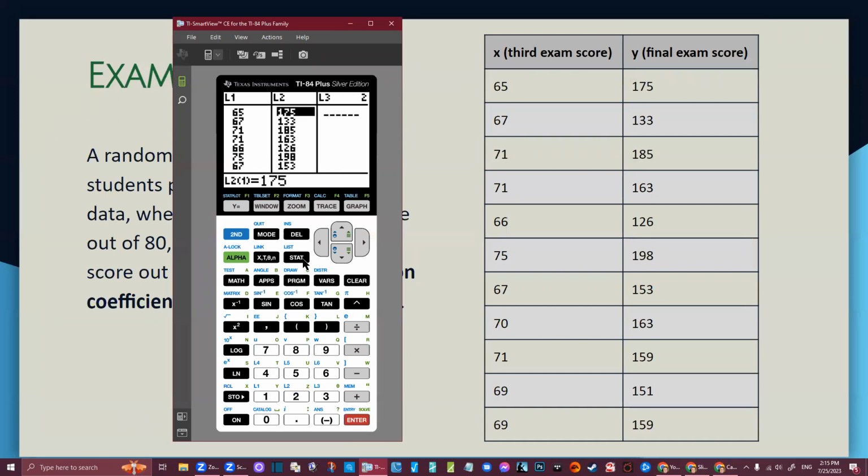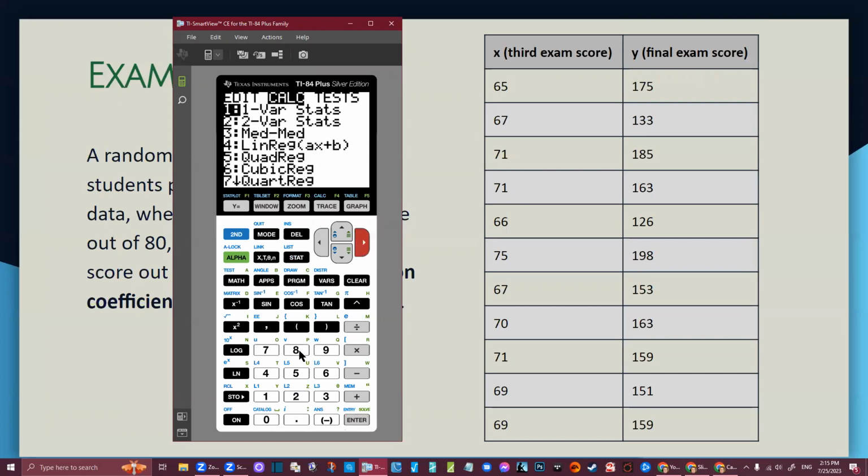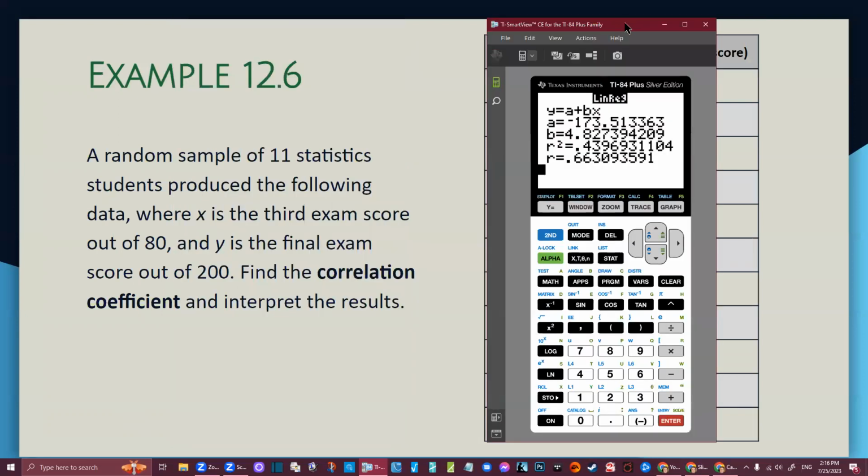Next, we're going to go to stat. We're going to go to calc, and we want option 8. L1, L2, I'm not going to worry about storing anything since I don't need to graph. We did that last time. Calculate. And we see that A and B from before, and then an R squared and an R. So the correlation coefficient that we're being asked for is just that R value.